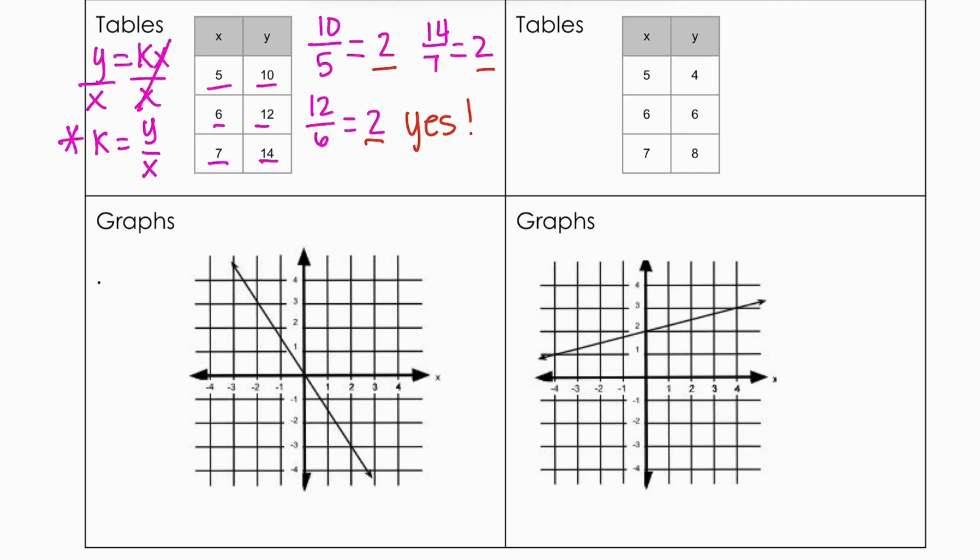When we are finding proportionality in graphs, there are some things that we are always going to look for. The line always goes through the origin, and the origin is 0, 0.